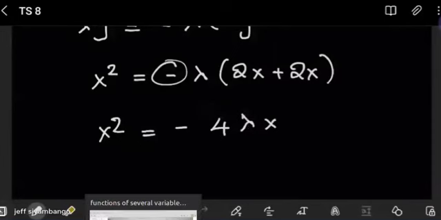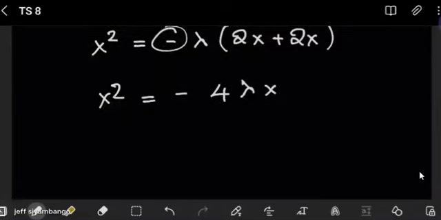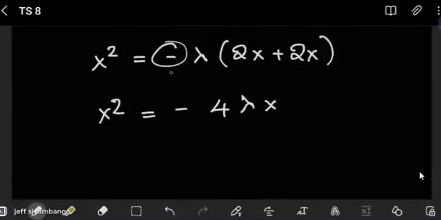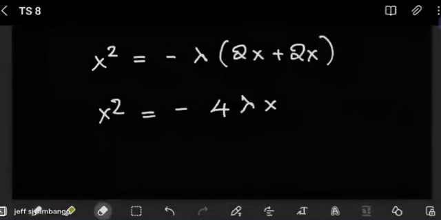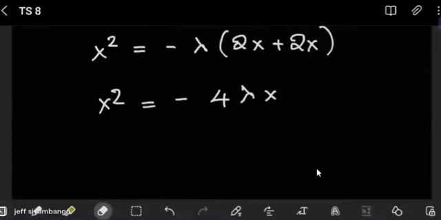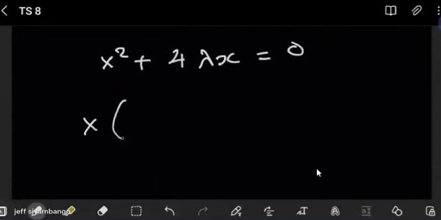But can we work around that? I think we can do that. Once we reach this part, if we wanted to work this one out without having to get rid of that negative, how would we do it? Just move this to the left side so that now you have x squared plus 4 lambda x equal to 0, so that you have x coming out.